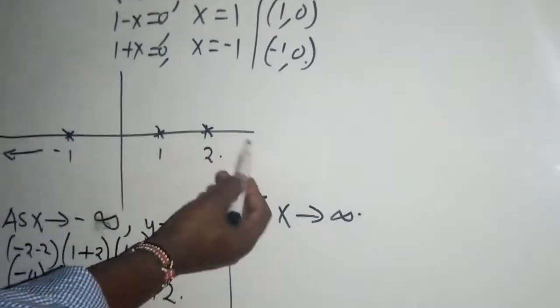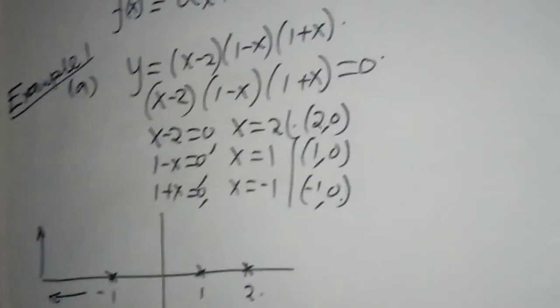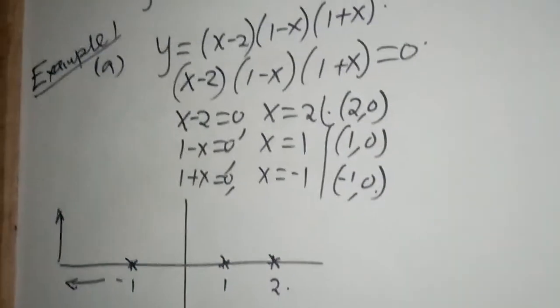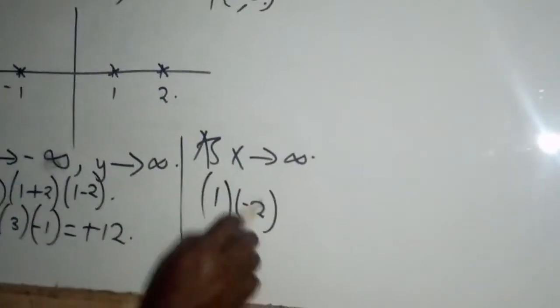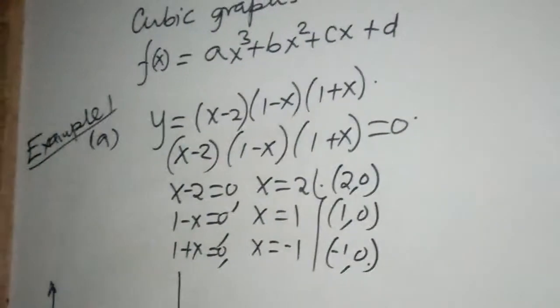In this case, one step above the maximum root is obviously 3. And 3 minus 2 is 1, multiplied by 1 minus 3, which is -2, multiplied by 1 plus 3, which is 4.